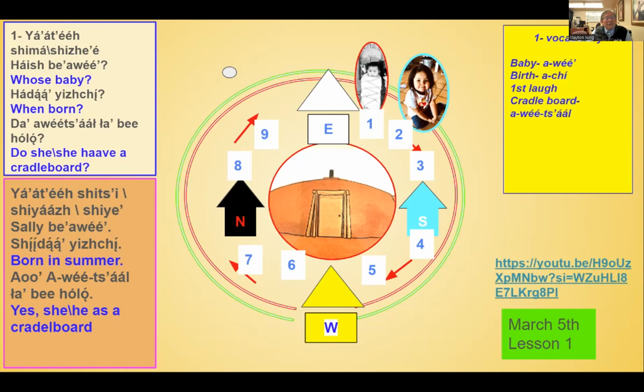All right. So that is a verb, and hata is where the noun will be. Yishchin, meaning when was she born?